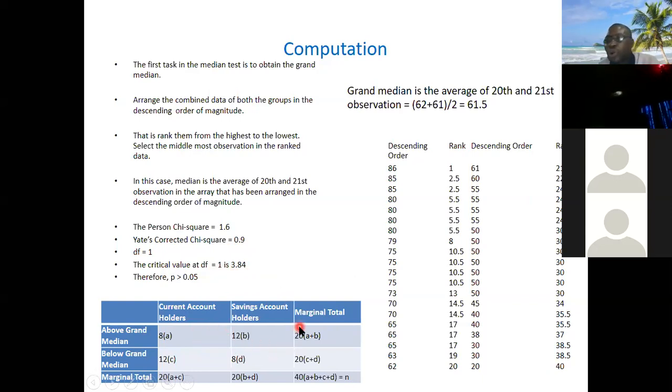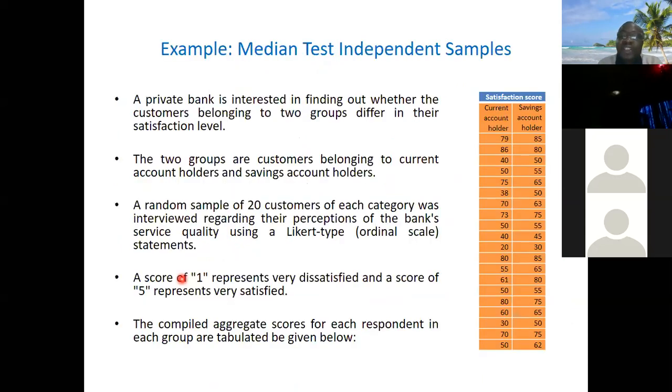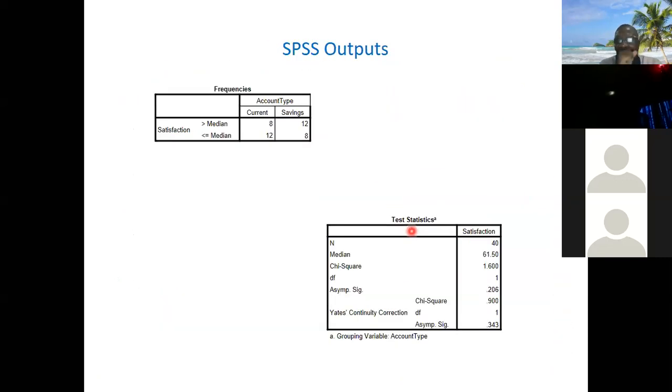Because it's the same thing, rows minus 1 times columns minus 1, the way you do the contingency table. And the critical value is 3.84. That shows that the p-value is greater than 0.05. It's not significant. There's no significant difference in the satisfaction between those people that have current and savings accounts.